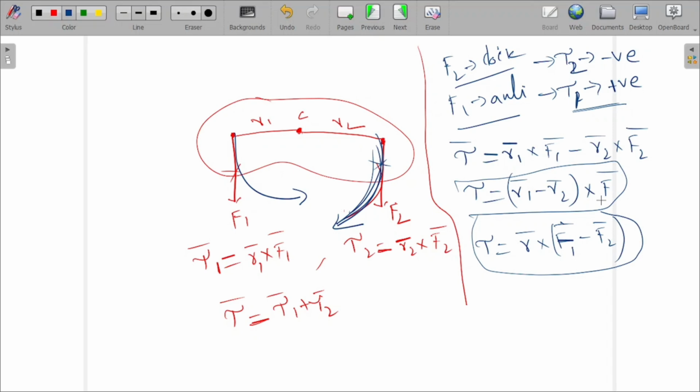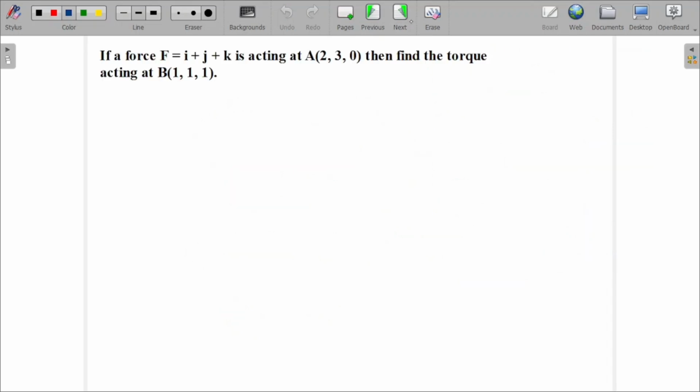Right. So let's see an example here. If a force of i cap plus j cap plus k cap is acting at a point 2, 3, 0, then find the torque at 1, 1, 1. So when they are giving like this, first take the data, that is i cap plus j cap plus k cap, acting at A, that means that is a position.